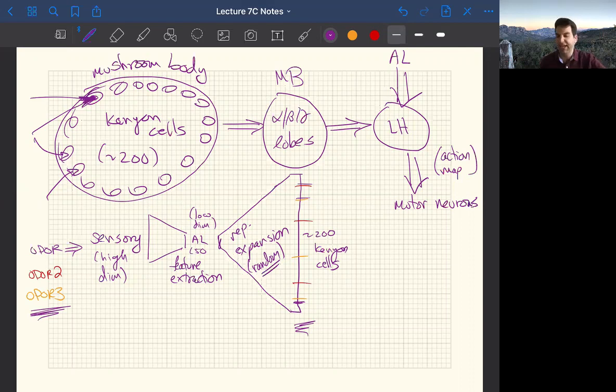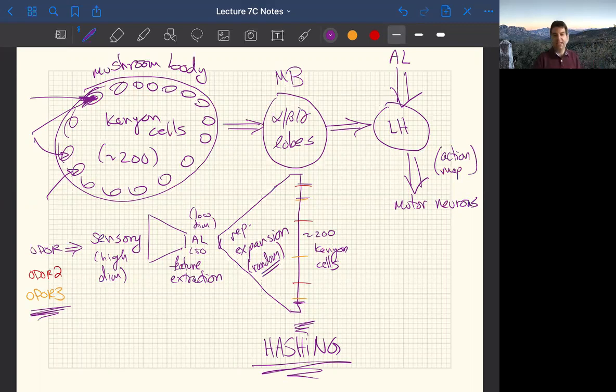What does that kind of sound like? Does anybody have a thought or an idea on that? I see one answer. Yeah, hashing keeps coming up. That's right. So we think this is nature's version of hashing.